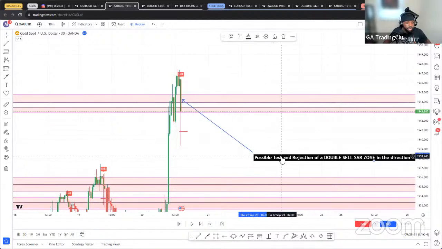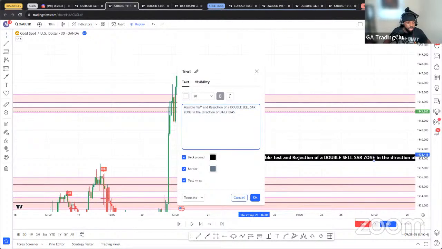I'll do this and then edit it out. Break and continuation of a double sell SAR zone in the direction of daily bias.